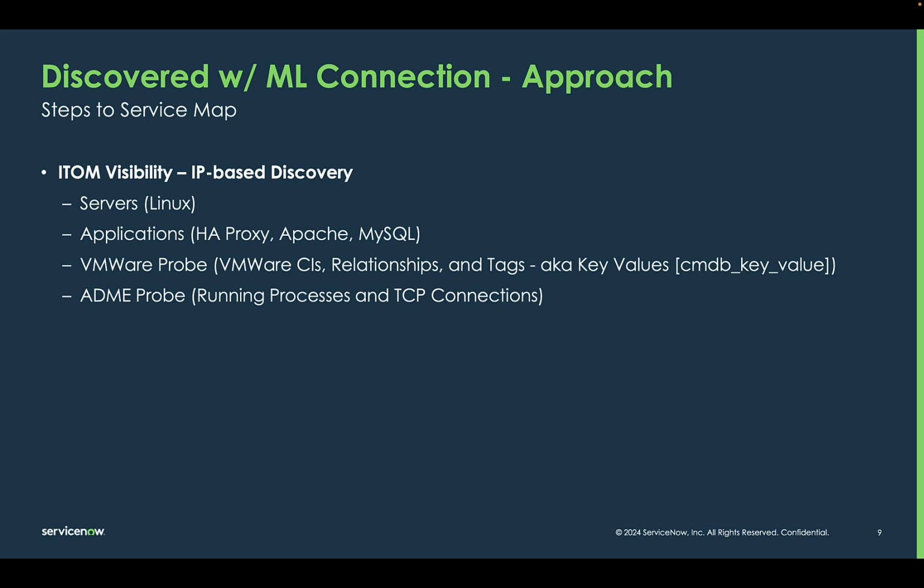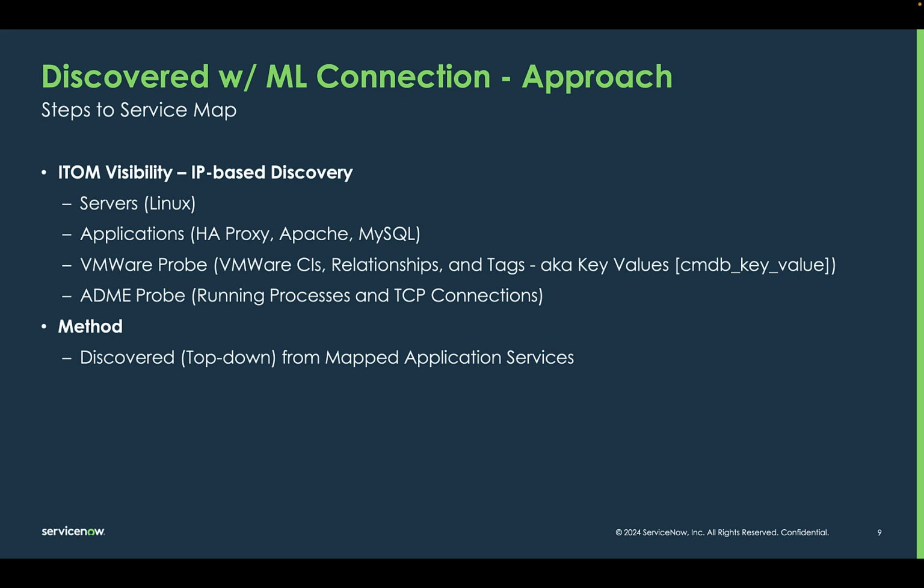And then during the next discovery, we will pick up that payload and populate the running processes and TCP connection table. This becomes the source information for the machine learning to group clusters of processes and command lines, as well as produce connection suggestions for any existing service map.